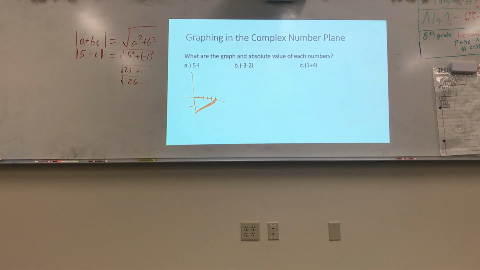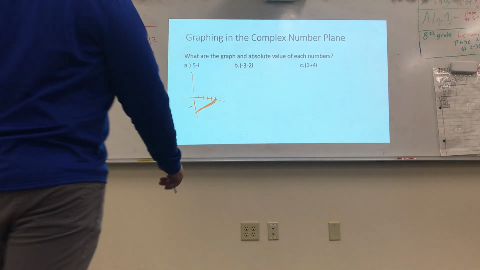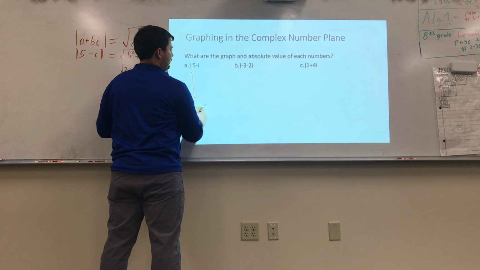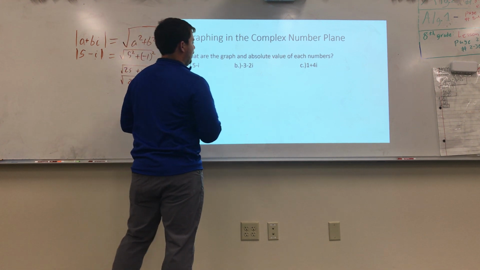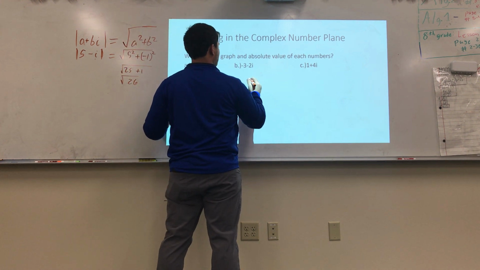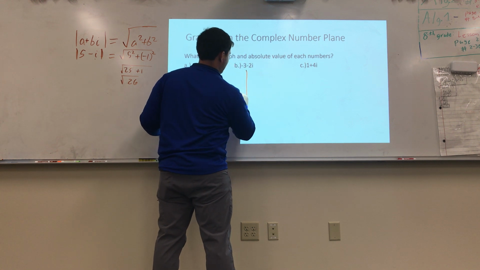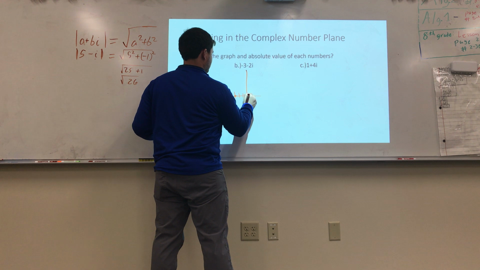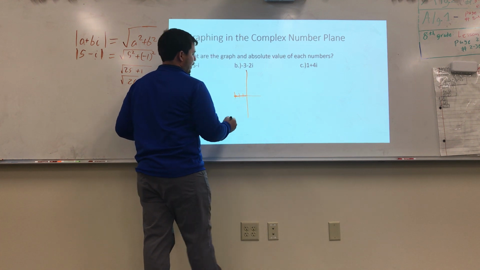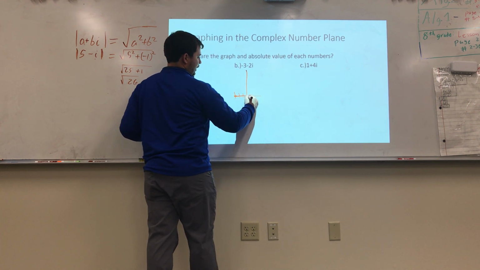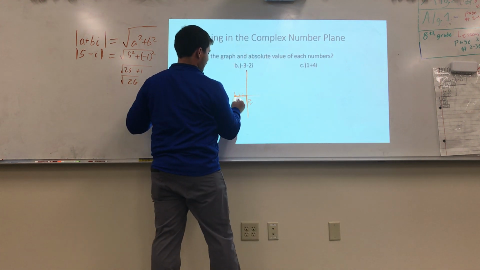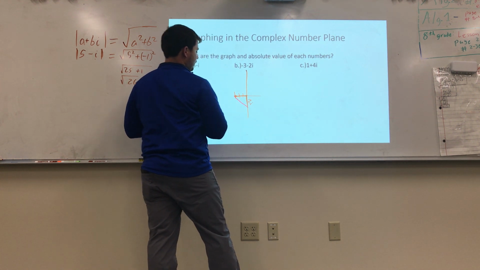Alright. Now, we also have right here b, negative 3 minus 2i. Once again, we're going to have negative 3: 1, 2, 3. We're here, so we have a line right here. We're going to go down 2i. So this is 2i. Now, we want the distance from here to here.